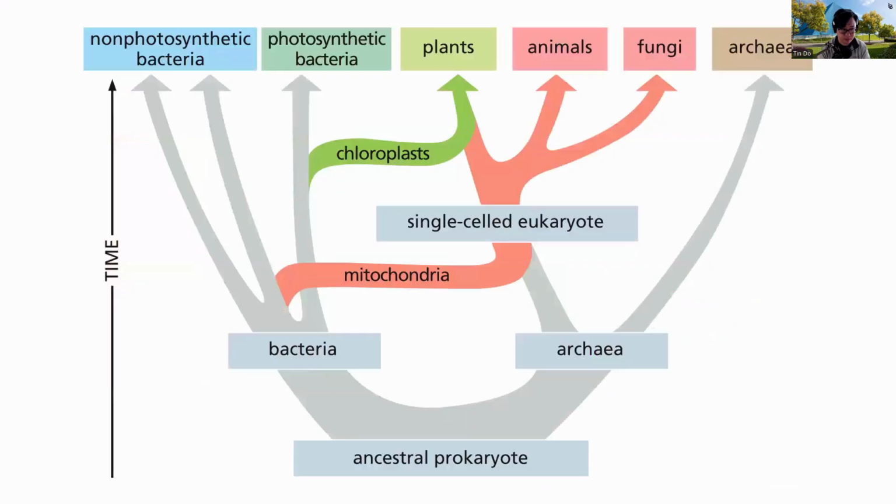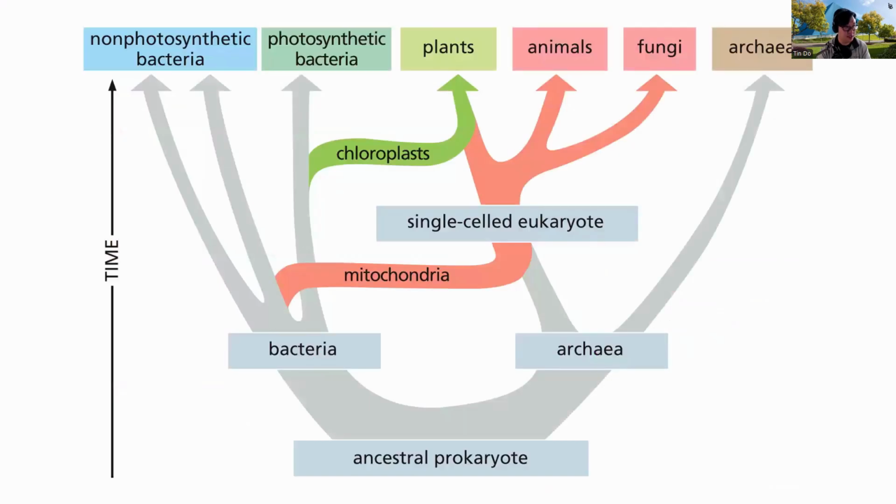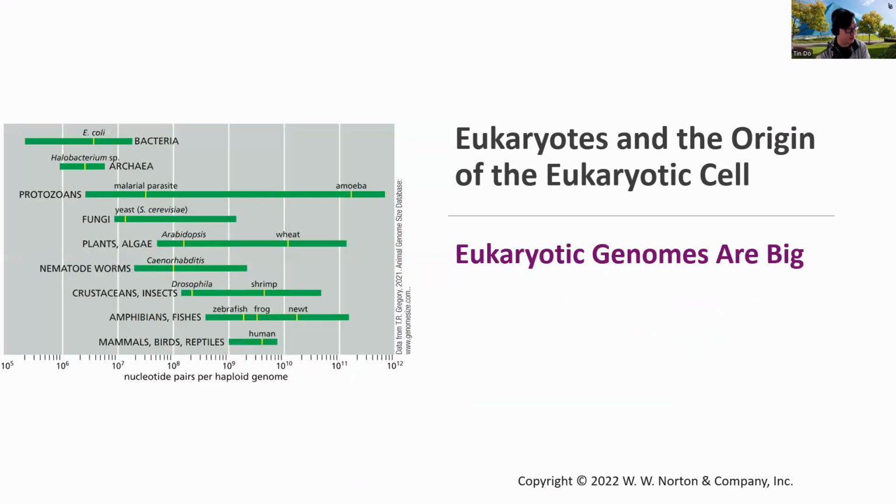Okay. Again, eukaryotes have hybrid genomes. We can see that a lot of the genomes are going to be shared between the three, as well as we contain prokaryotic, archaic genomes within ourselves, within the mitochondria and the main cellular structure.